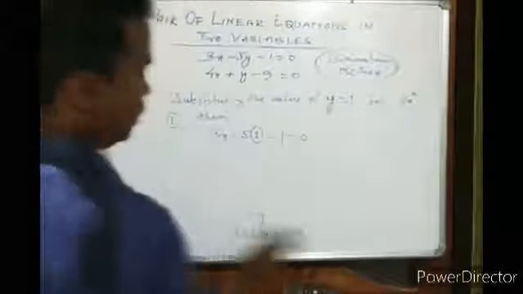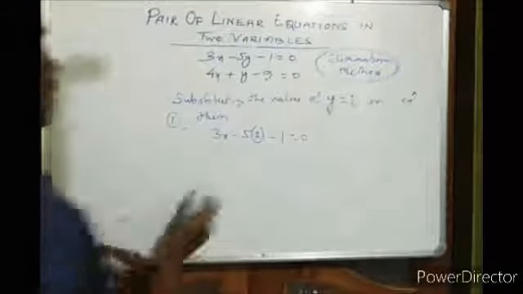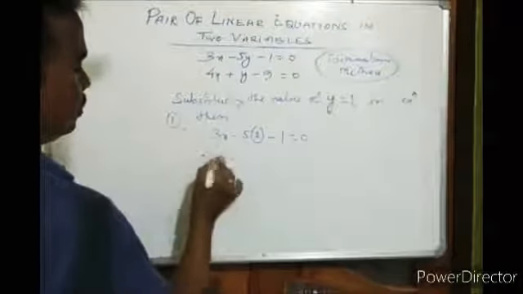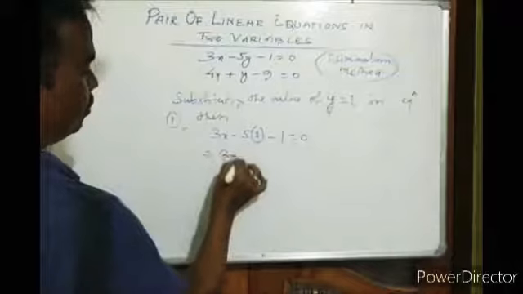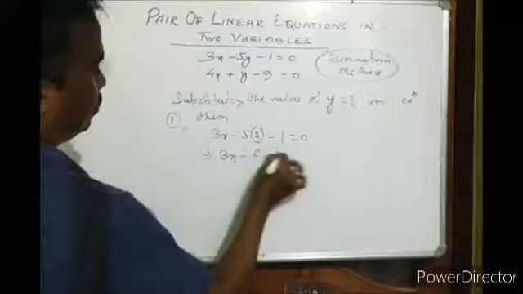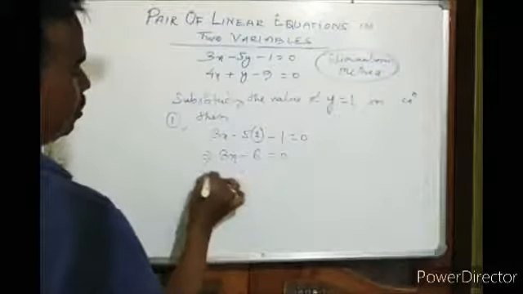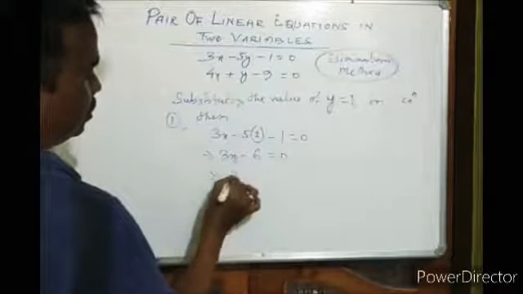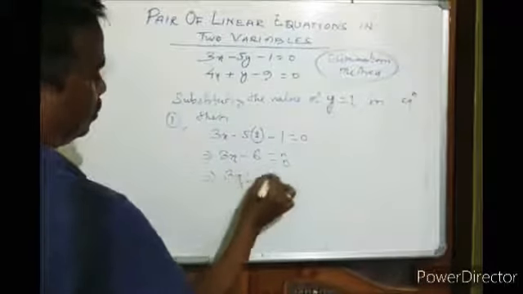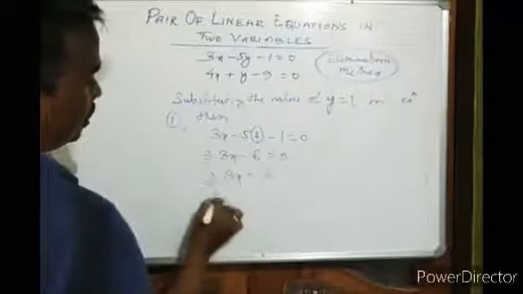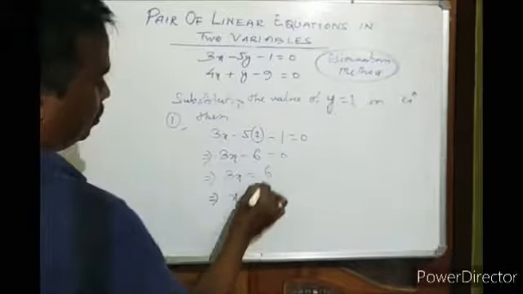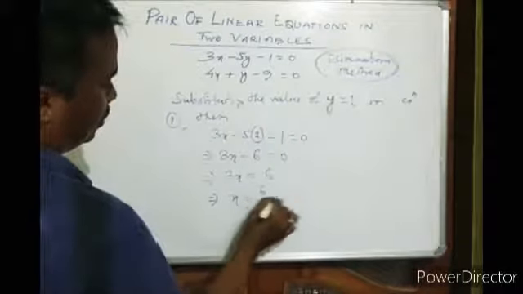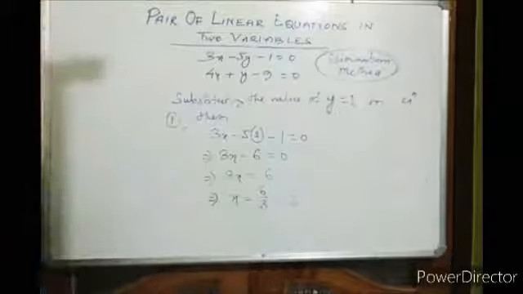Simplifying, thrice x minus 6 equal to 0, so thrice x equal to 6, so x equal to 6 by 3 is equal to 2.